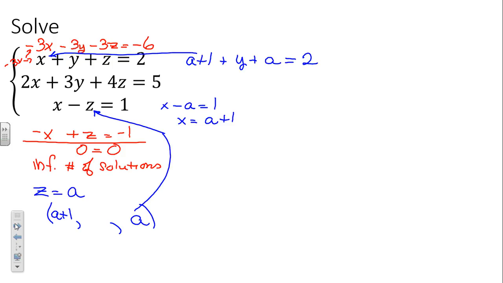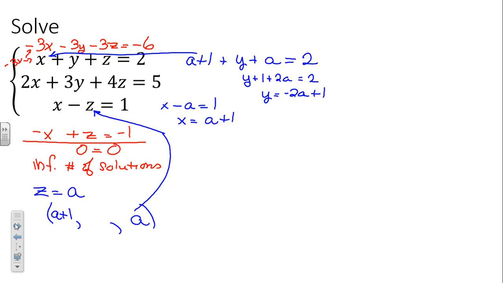So when we solve this, we have y plus 1 plus 2 of these a's equals 2. So if I want to solve for y, I'm going to bring that 1 and that 2a to the other side. So I'll have a negative 2a, and if I take away 1 from both sides, I get 1.